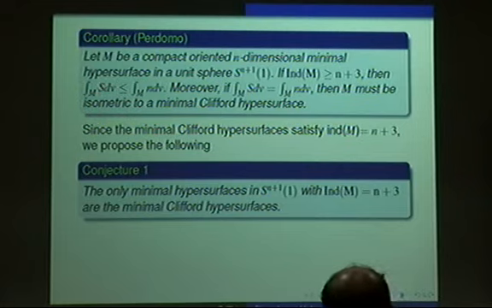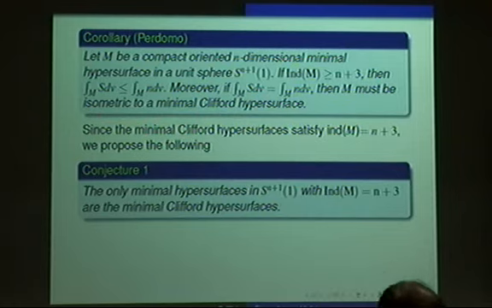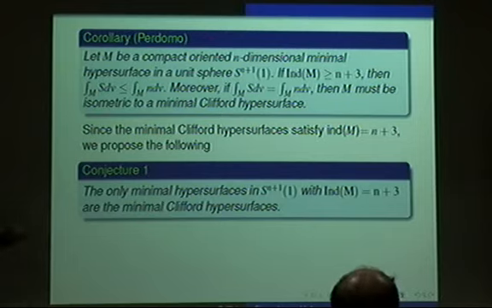Moreover, if the integral of S is equal to the integral of n, then M must be isometric to a minimal Clifford hypersurface, meaning the Clifford torus. From Chern, do Carmo and Kobayashi's results, we know that if the squared norm of the second fundamental form S is equal to n for a minimal hypersurface, then this hypersurface is a Clifford torus.